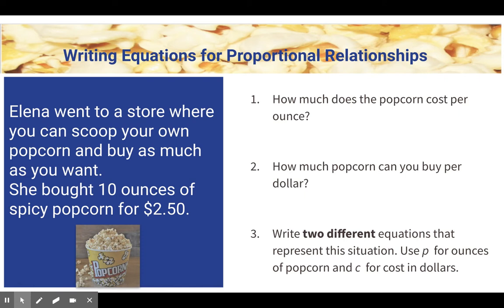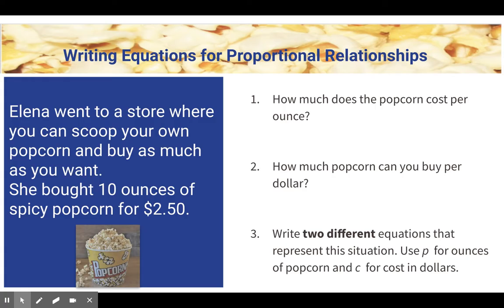It says Elena went to a store where you can scoop your own popcorn and buy as much as you want. She bought 10 ounces of spicy popcorn for $2.50. The first question says, how much does the popcorn cost per ounce? So that means that we want to find the constant of proportionality slash the unit rate.